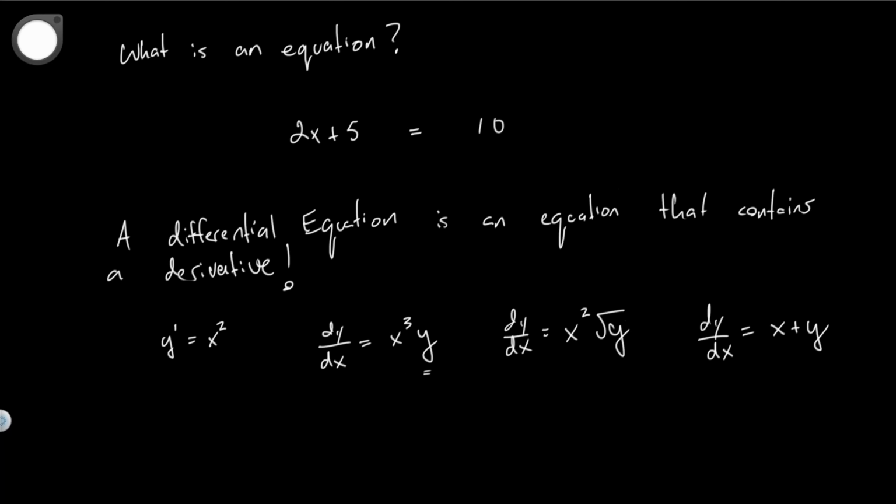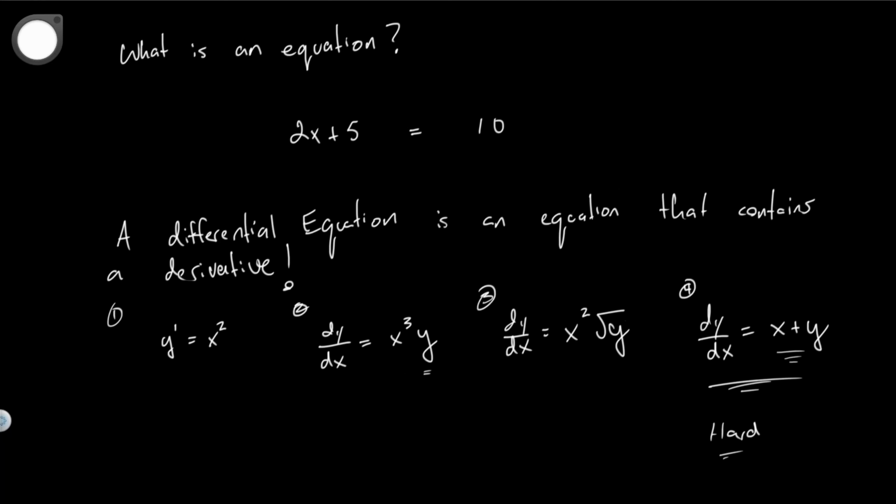The reason why I bring up these 4 is because we're going to solve these first 3. We're going to figure out solutions to these first 3. This 4th one is a little bit harder, and we're not going to solve it. But we are going to talk about how you might solve it versus how you might interpret this differential equation. The fact that there's addition here makes this a little bit harder.